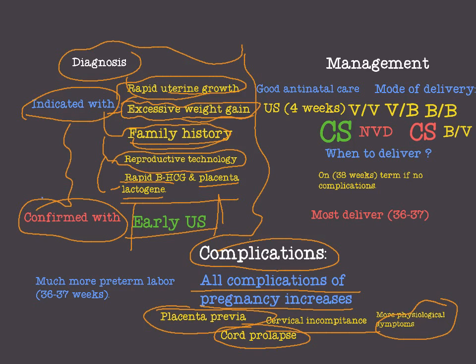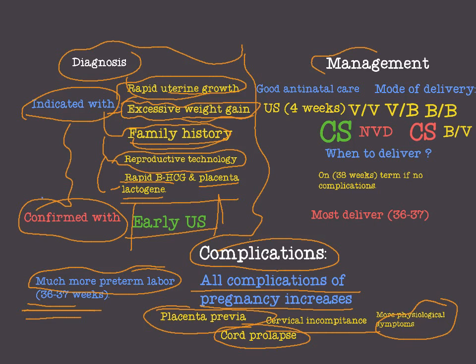All complications will be exaggerated by multiple gestation. Okay, and we will have much more preterm labor, most of the time between 36 and 37 weeks. Most of the ladies will deliver at this period.